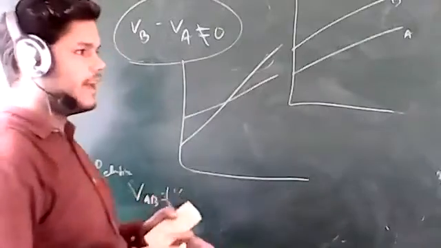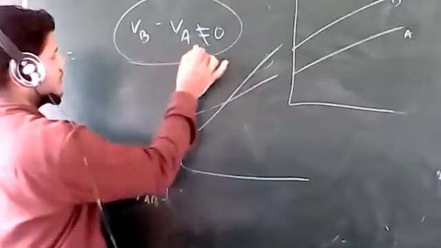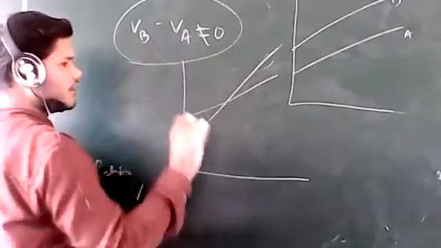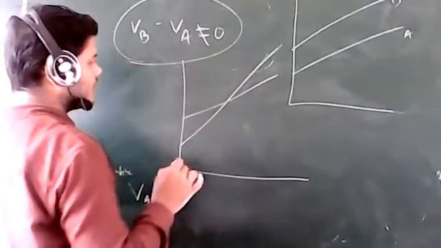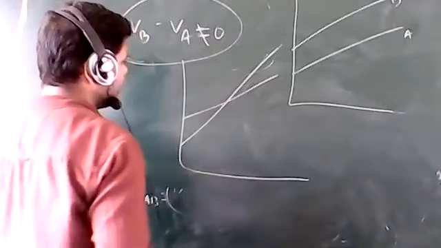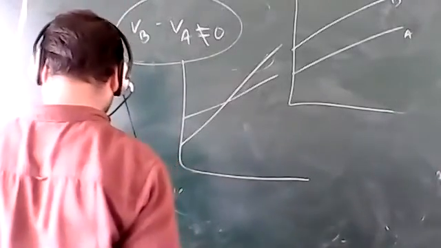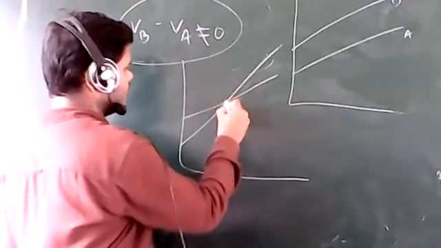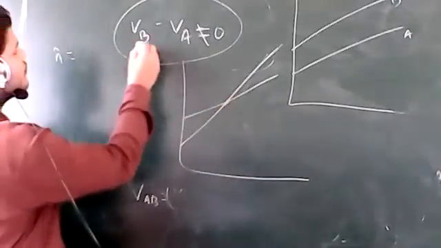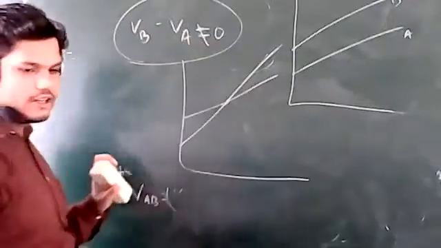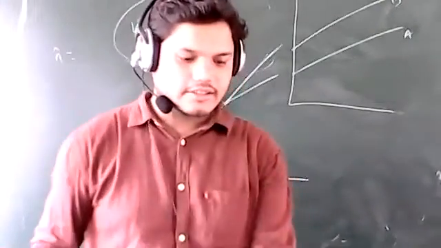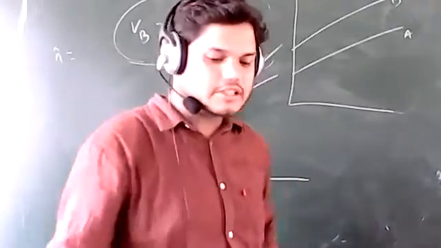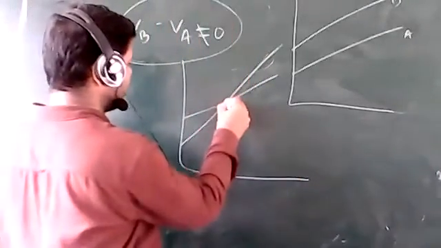But the second condition: if VB minus VA, that means the velocity of body B is not equal to the velocity of body A, in that case at some point body B will cross body A. So they will not be parallel, and they must meet at a common point. They will have a common point.